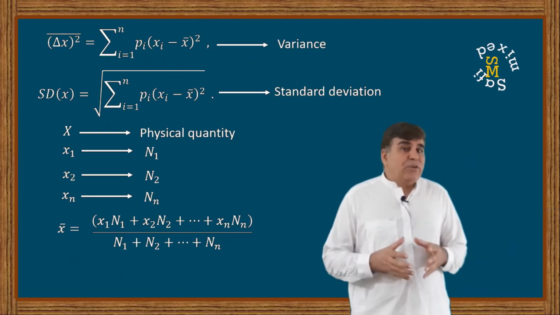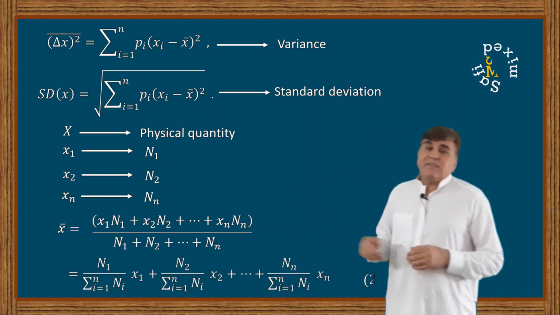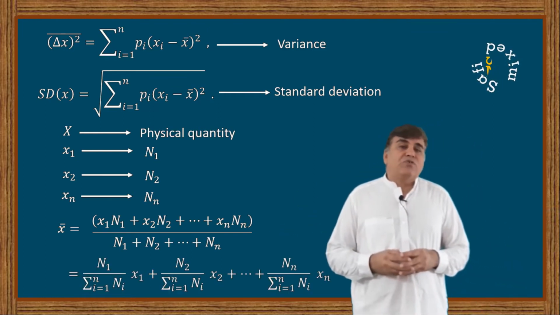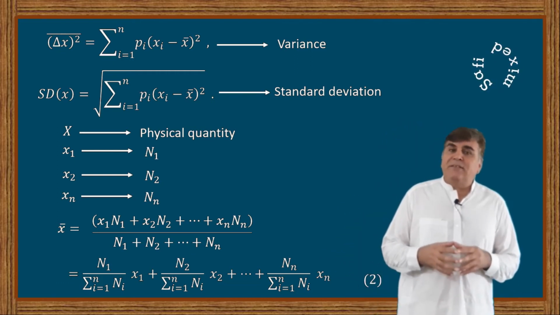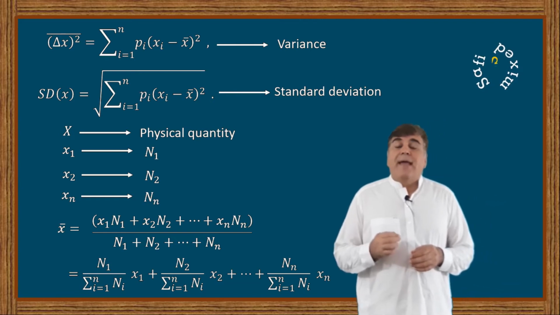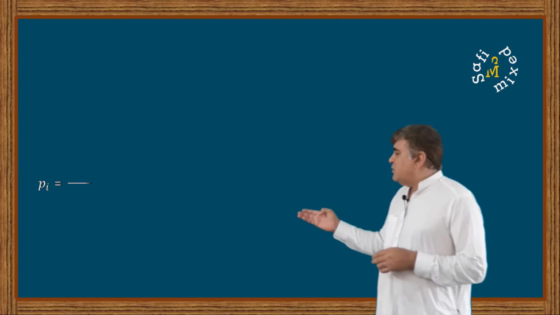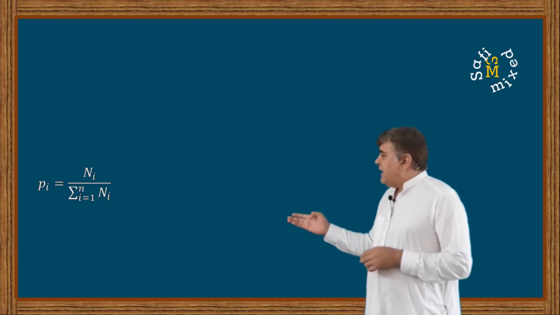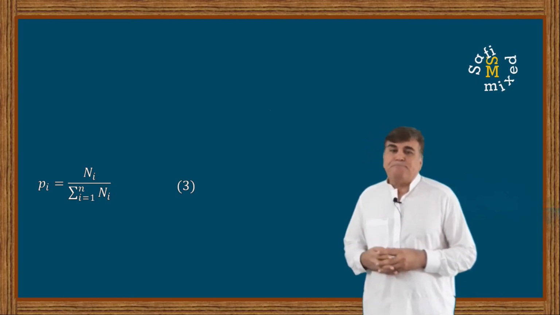We can split this equation into this one form. In this form, the coefficients of x1, x2 and xn define the probabilities of their outcomes and can be written in the form p sub i equals n sub i divided by summation over i n sub i.